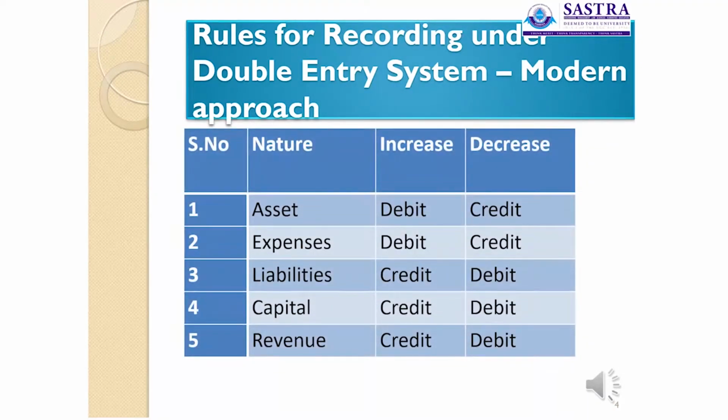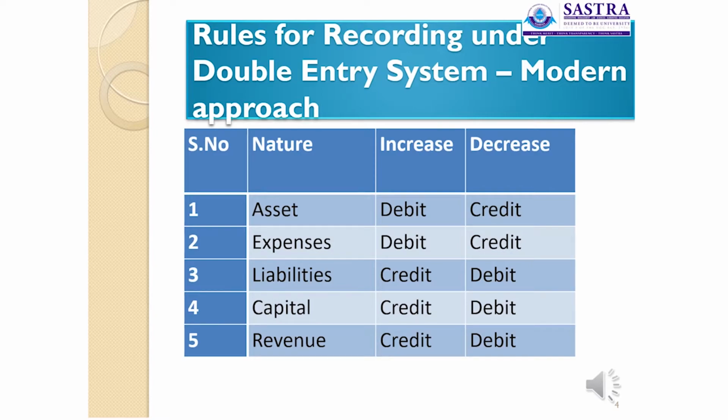First one is assets. If there is increase in assets, the asset accounts are debited. If there is decrease in assets, the asset accounts are credited.